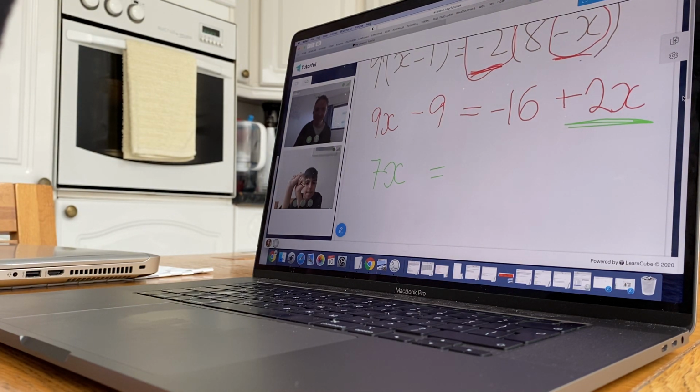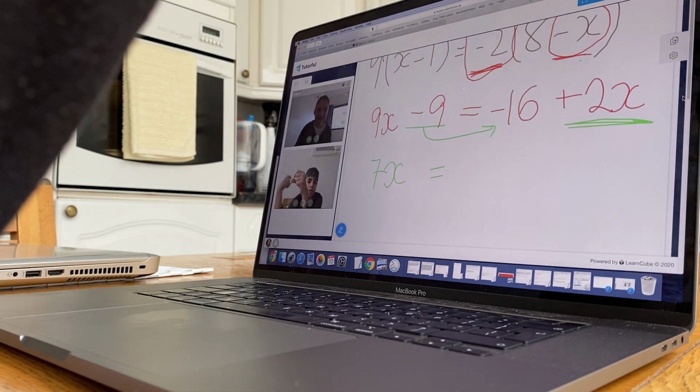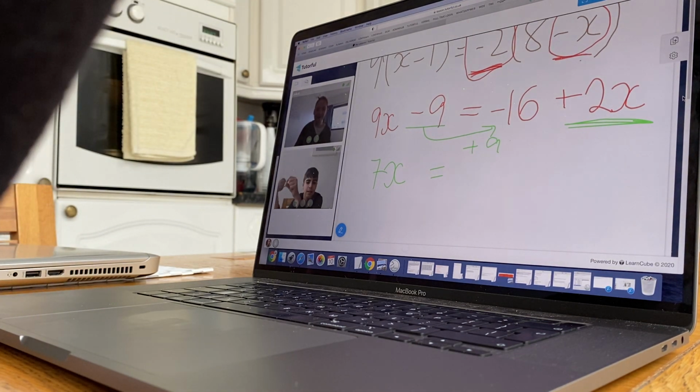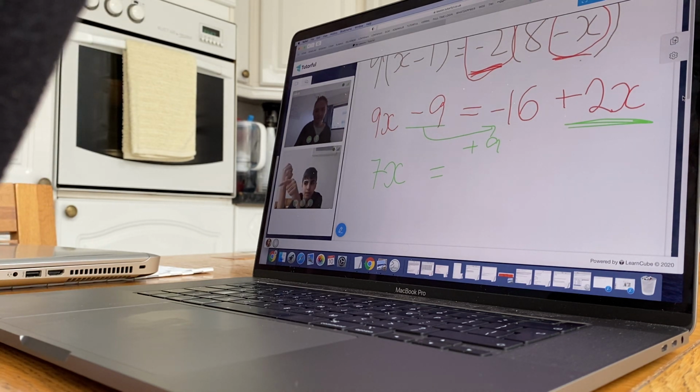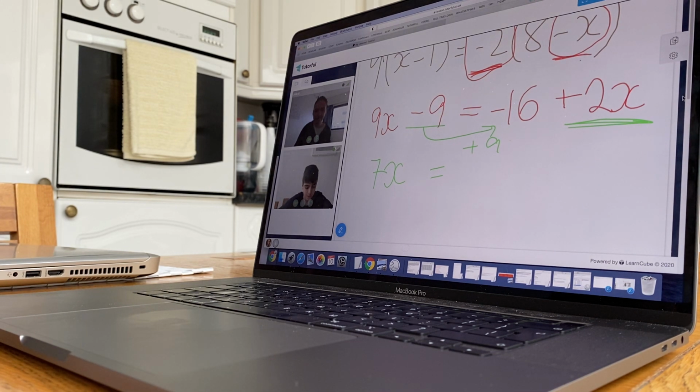So not negative 9. So if we're moving the 9 over, what happens? Add 9. Perfect. So it's going to be negative 7. Perfect. So we have 7x equal to negative 7.